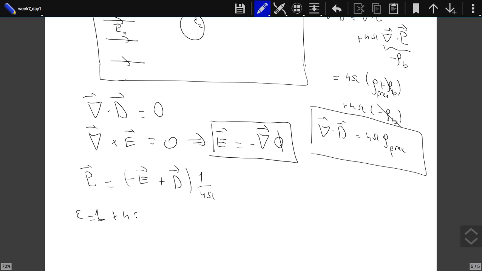How did we define the permittivity? What was the definition of permittivity? How did we define this susceptibility?